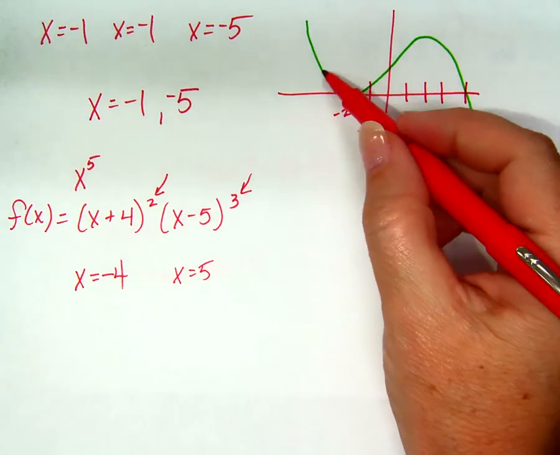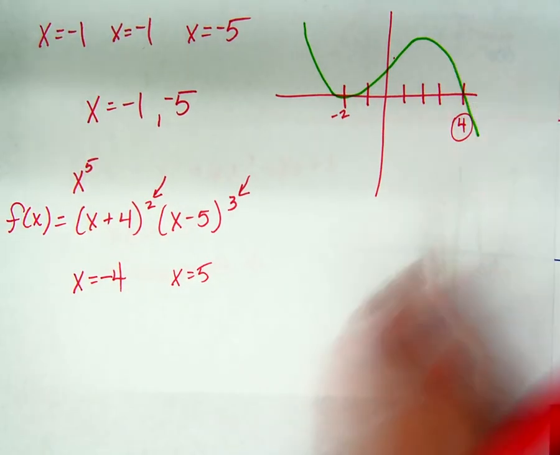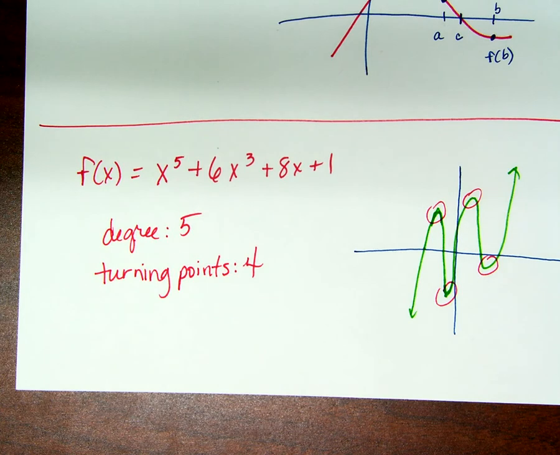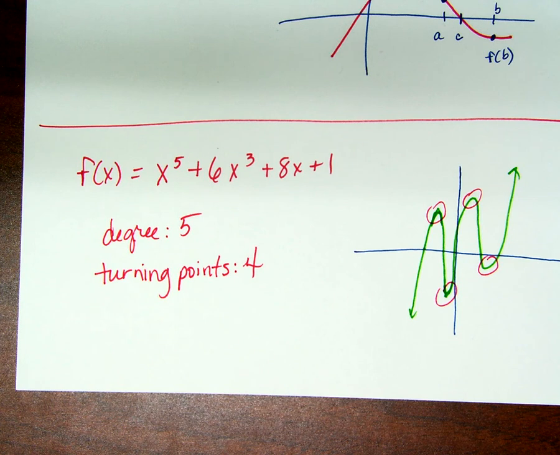If it's a multiplicity of 2, it's just touching and going up. If it's a multiplicity of 1, it's going right through that spot. So we can actually use all the stuff we talked about today and graph something that's generally the same shape as the actual graph without actually seeing the actual graph on the calculator. Okay? And that's really what it's asking you to do.